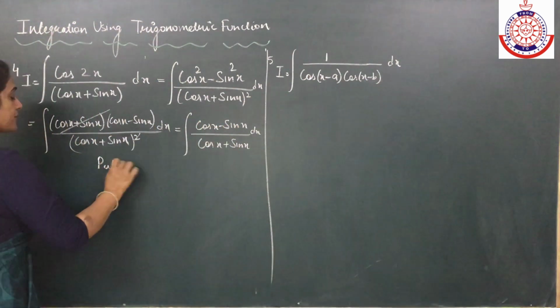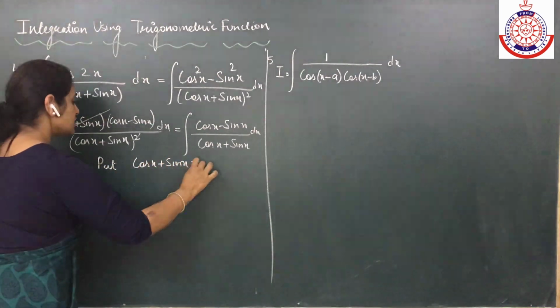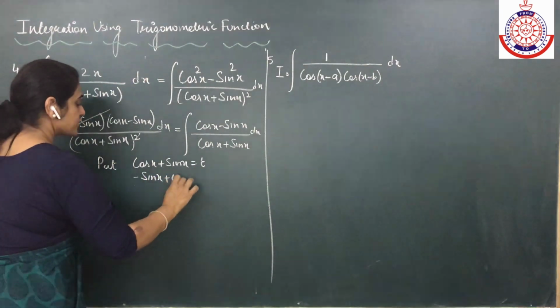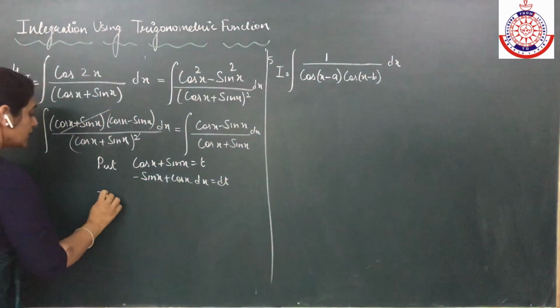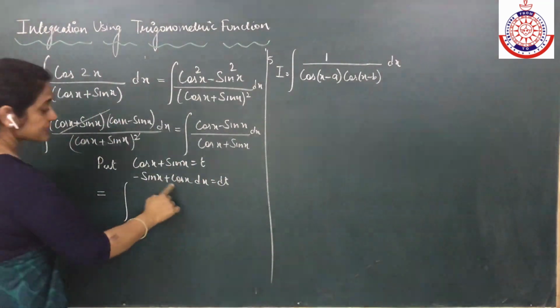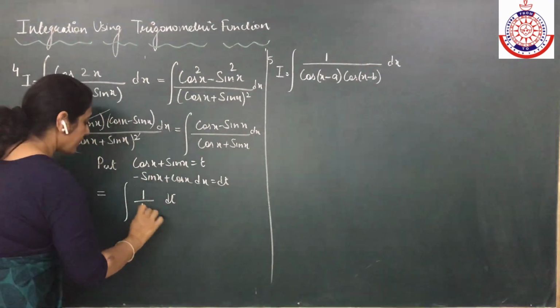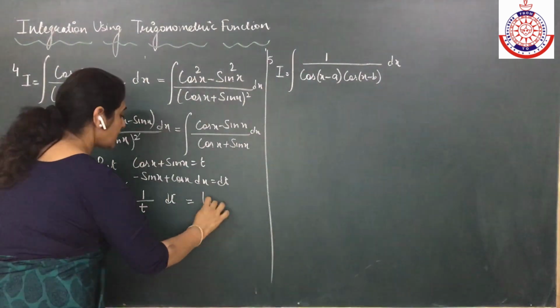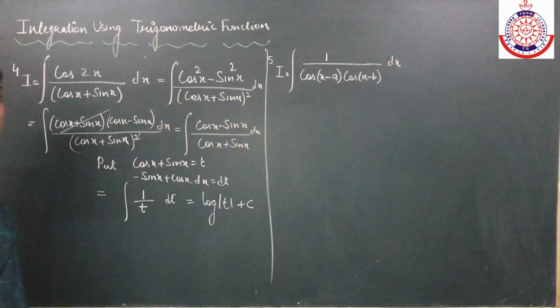So I'll put cos x plus sin x equals t. Differentiate both sides. So it has become (cos x minus sin x) dx is dt, and I have 1 by t. So what is the integration of 1 by t? That we know by now, log t plus c.